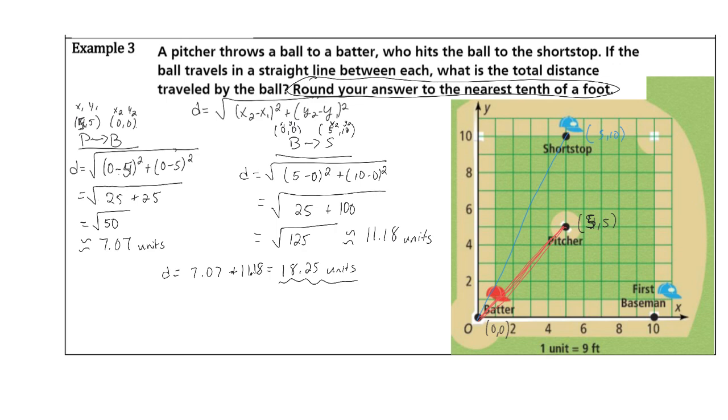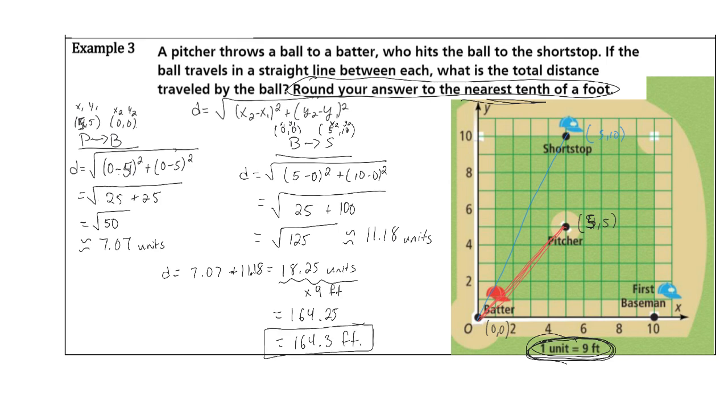If we look down here, it says 1 unit equals 9 feet. So we have 18.25 units and we want to figure out how many feet. If 1 unit equals 9 feet, we multiply this by 9 and we'll get the total amount of feet, which is equal to 164.25. They tell us nearest tenth, so 164.3 feet.